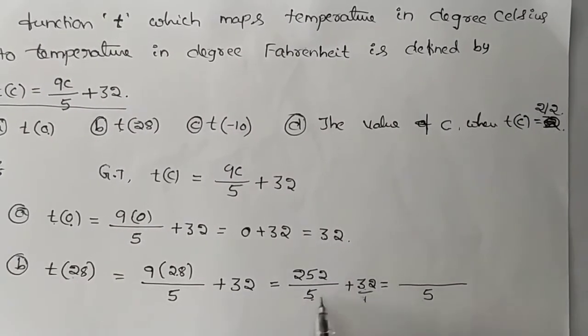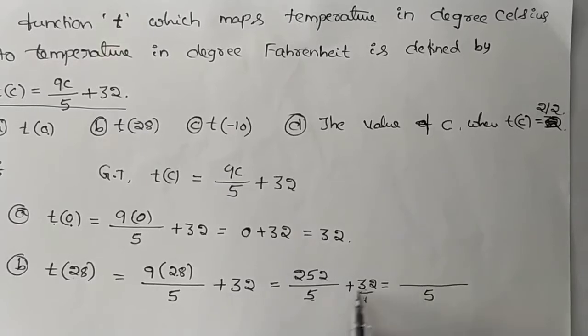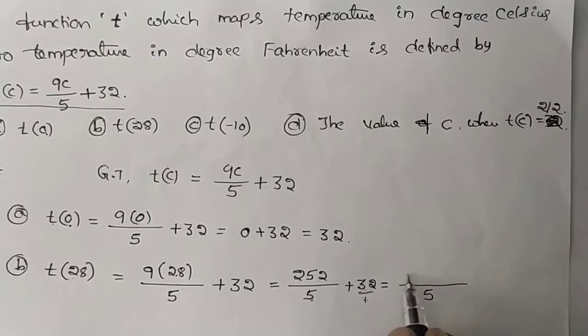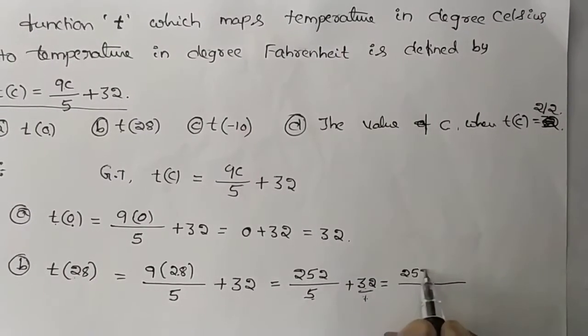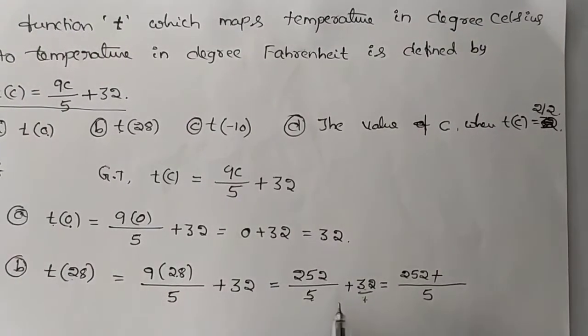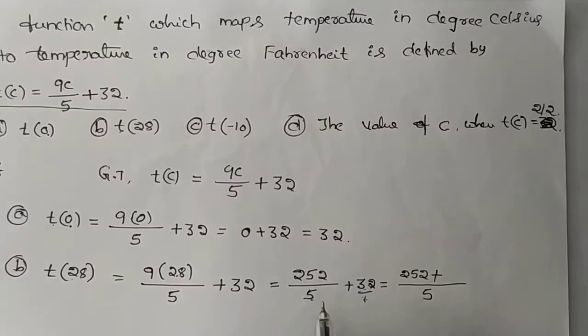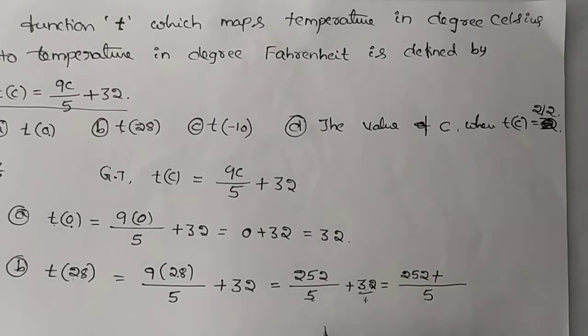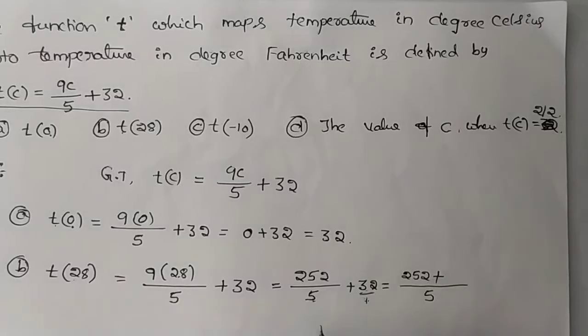Now you do cross multiplication. 1 into 252 is 252 plus 5 into 32. 5 into 32 is how much? Using a normal calculator, it is 160.